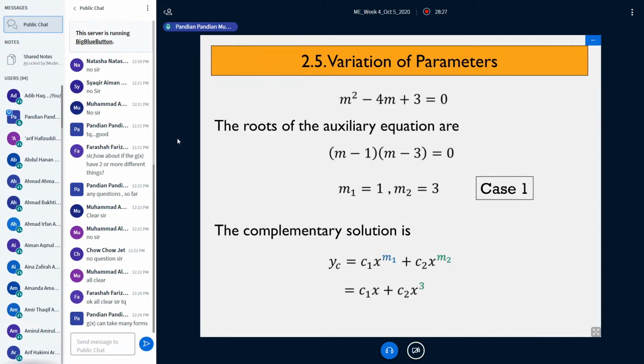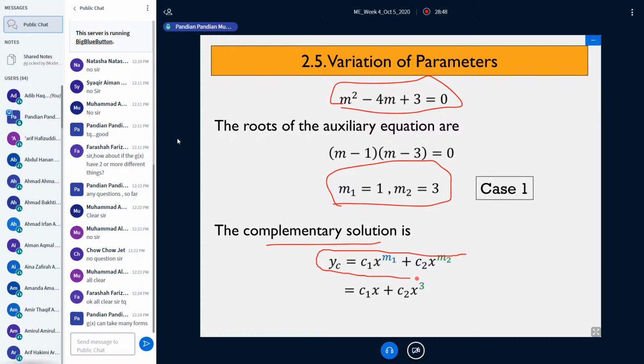So you factorize this one, easy to factorize: (m minus 1)(m minus 3) equals 0. So m1 equals 1, m2 equals 3. So the complementary solution yc is c1 x to the power m1 plus c2 x to the power m2.